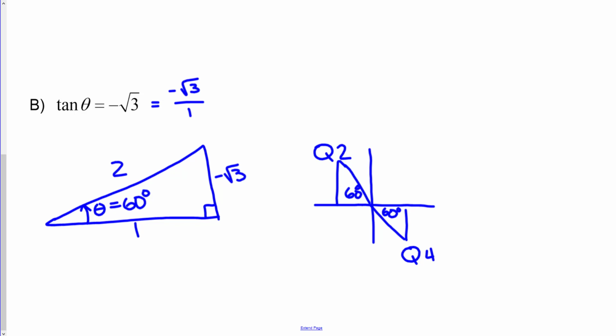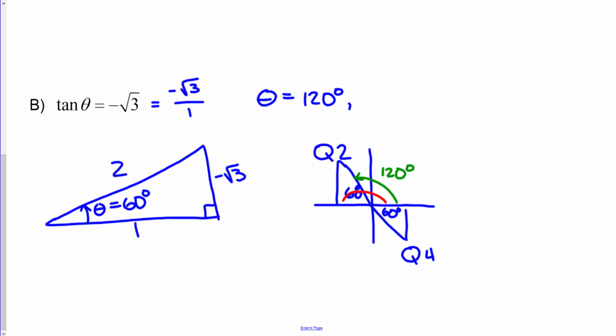So let's see how this works. For a 60 degree reference angle in quadrant 2, the actual angle plus my reference angle would have to add up to 180 degrees. So 180 minus 60 gives me 120 degrees. So one angle measure is 120 degrees.